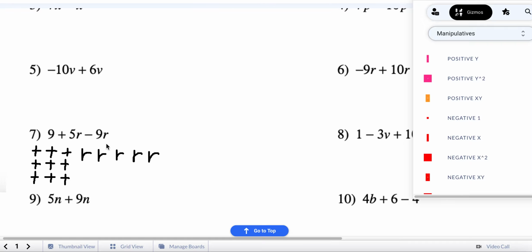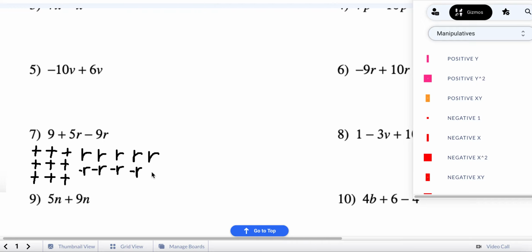Minus 9r. Every time you put a minus in front of a number, that automatically makes it negative. So that's the same as having 9 negative r's. So I am going to put minus r, and I need 9 of those. Now you might be asking yourself, why didn't you put a plus on the positive r's?